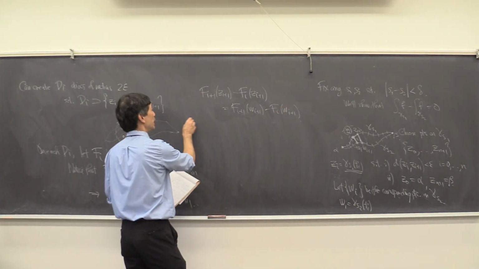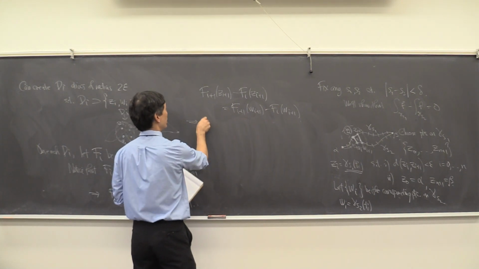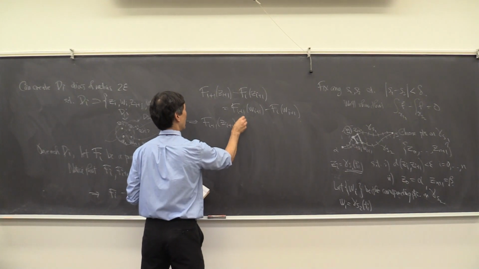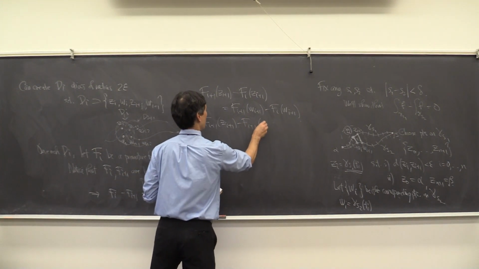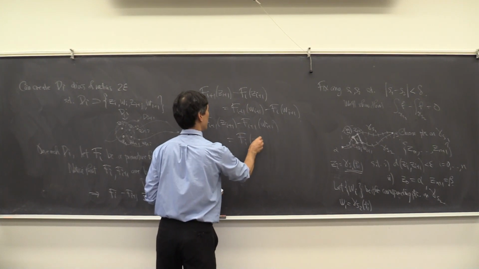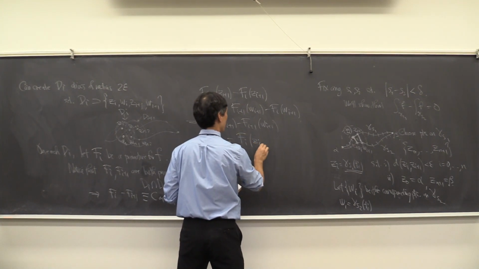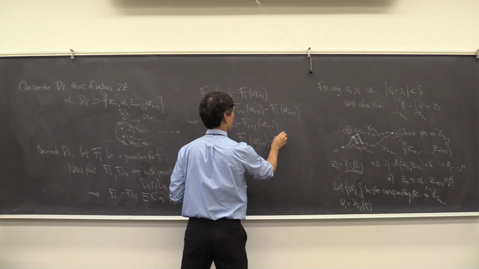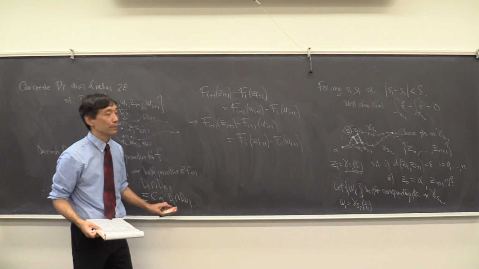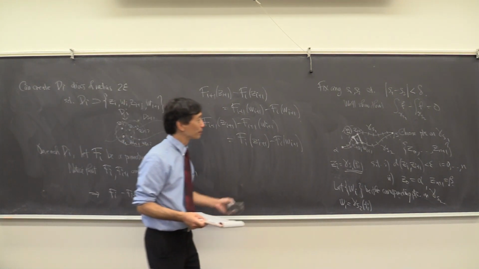Then flip things around a little, and you get f sub i plus 1 at z sub i plus 1 minus f sub i plus 1 at w sub i plus 1 equals f sub i at z sub i plus 1 minus f sub i at w sub i plus 1. So I just interchange some things.